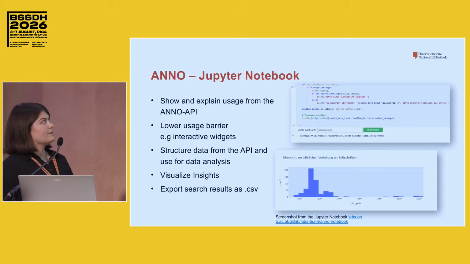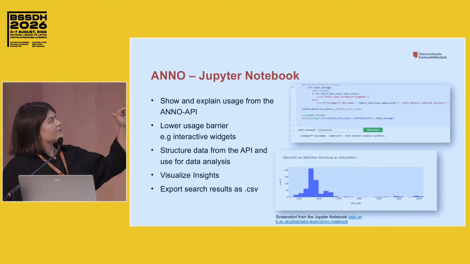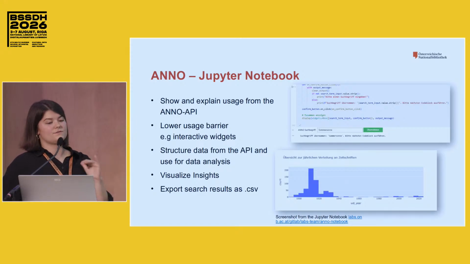And here it was really important for us to have a low barrier. On the screenshot you can see, you just click on the box, it runs the code, and it gives you interactive widgets, so you don't even need to do anything in the programming code. So here again, really low barrier.